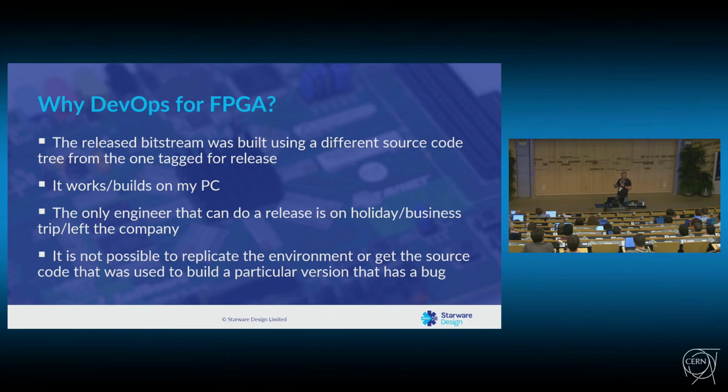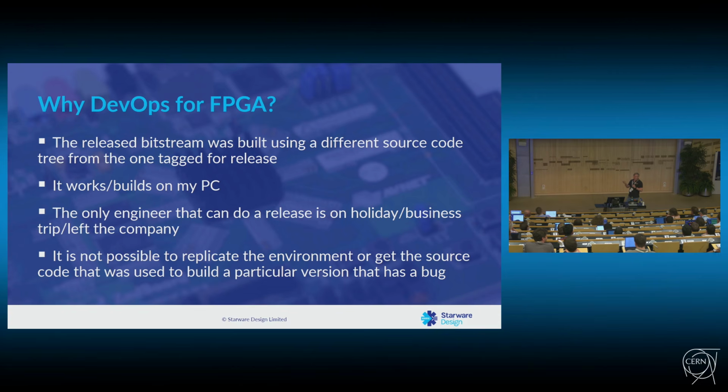Another one is the classic: it works on, or builds on, my PC. Again, if you use an individual developer's PC to build a bitstream, maybe the next time libraries have been updated, the OS has been updated, the tools have been updated.